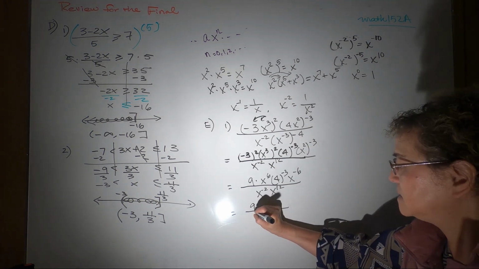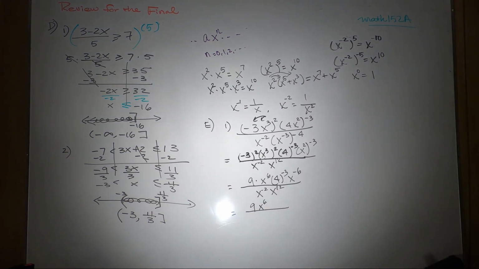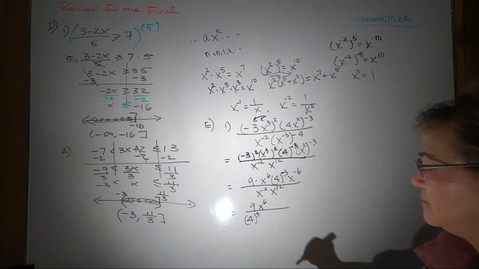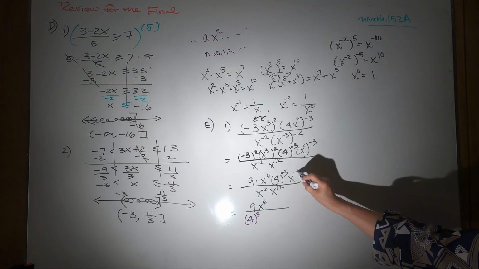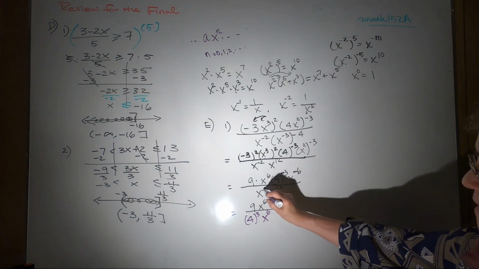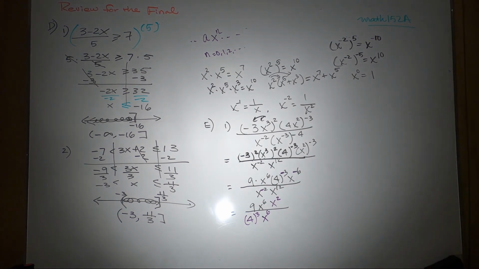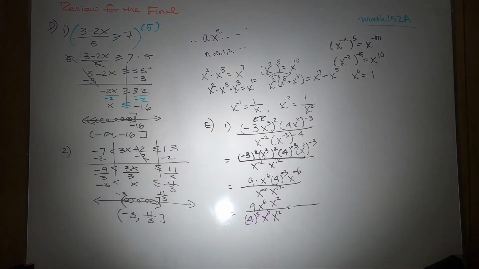So 9 is here, x to the 6th is here. 4 to the -3, do we need to flip? Yes, so this one is a -3, we need to write a 4. Once it flips, then the negative power is gone. And do we need to flip this? Yes, to here. Then here is a -2, we need to flip to the top, becomes x squared. Then this is x to the 12.